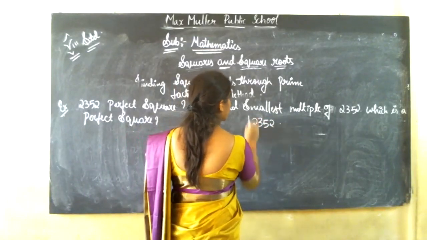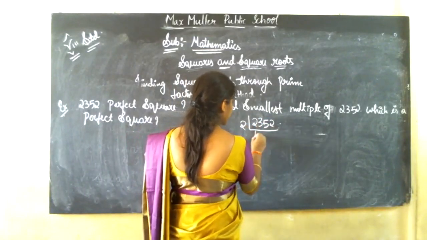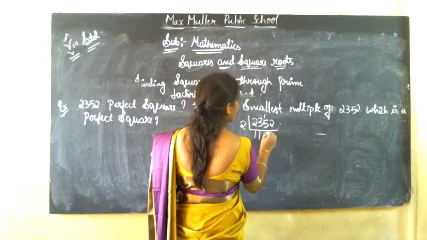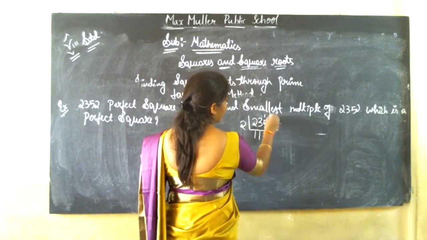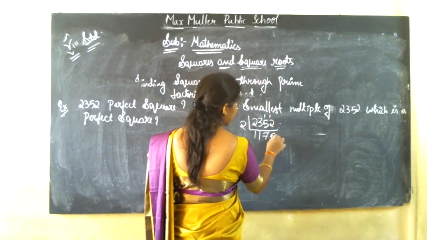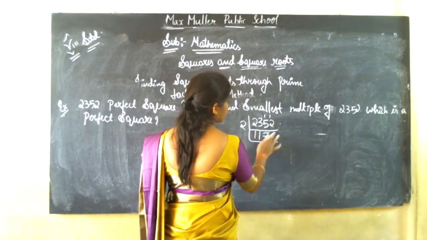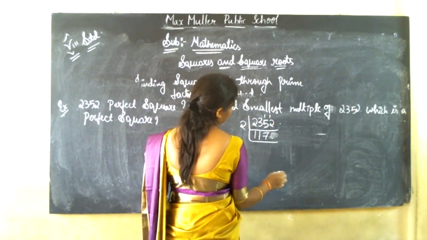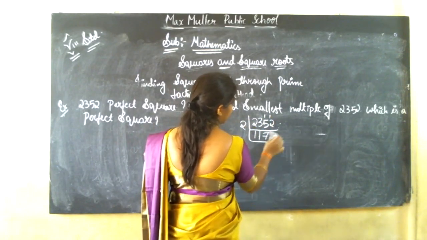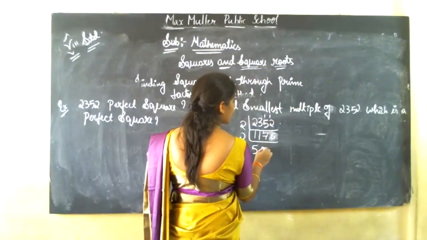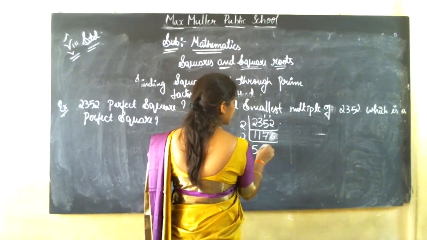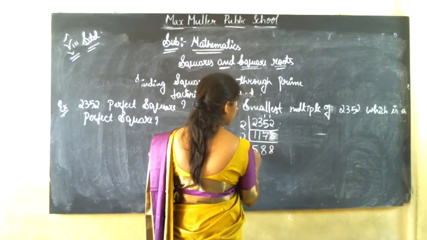2352. Just solve the problem. 2 1s are 2, 2 7s are 14, 1 carry, 2 6s are 12. Next, 2 5s are 10, 1 carry, 2 8s are 16, again 1 carry, 2 8s are 16.